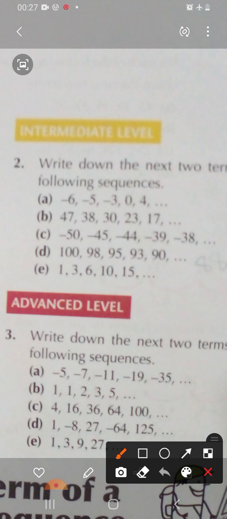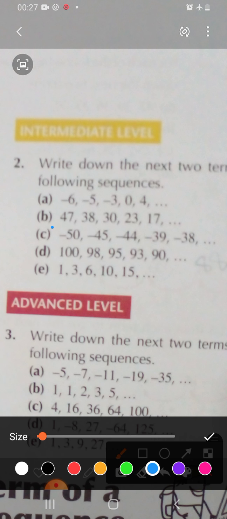So from 47 to 38 it's minus 9, and then if we subtract 8 from 38 it becomes 30. Then if we subtract 7 we get 23, then if we subtract 6 we get 17.